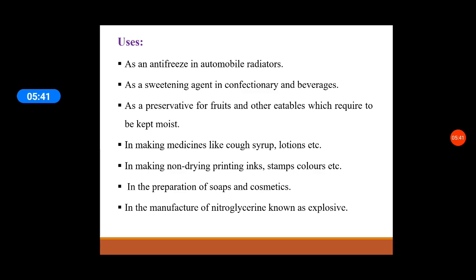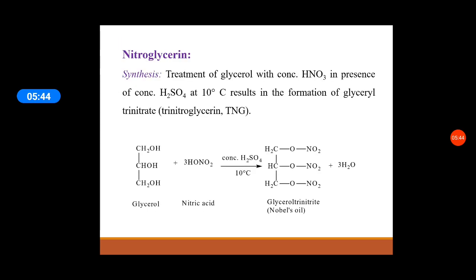So what is nitroglycerin then? Nitroglycerin, which is prepared from glycerol, is also called glycerol trinitrate, which was first prepared and its properties studied by Alfred Nobel. Therefore, this is also called Nobel's oil.